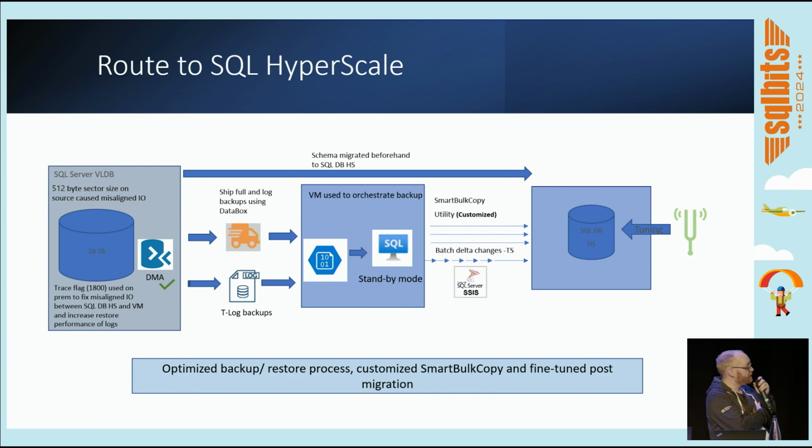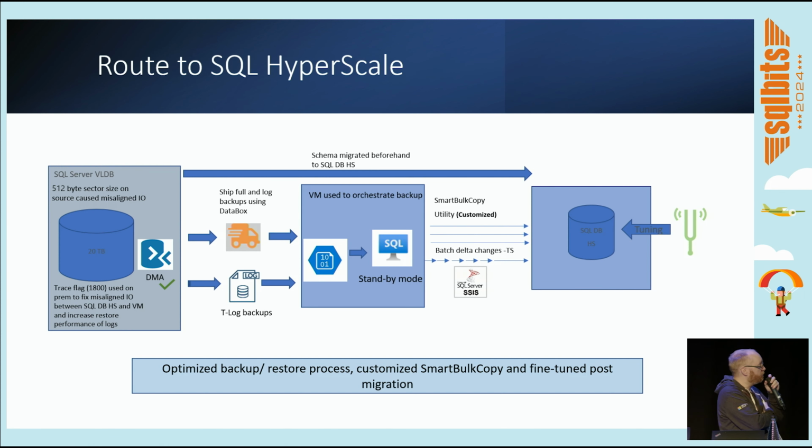In this case, we had to use a combination of shipping a striped database backup to multiple devices with Data Box, and in parallel ship across transaction logs while that transit was happening, restore everything into a virtual machine, and at the virtual machine level within Azure, then take the data across.